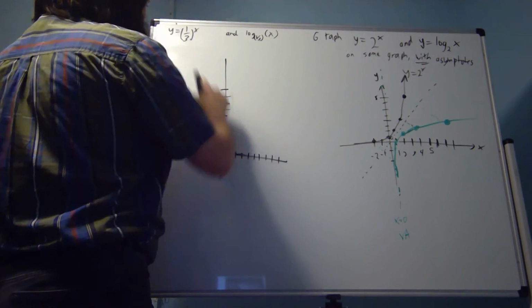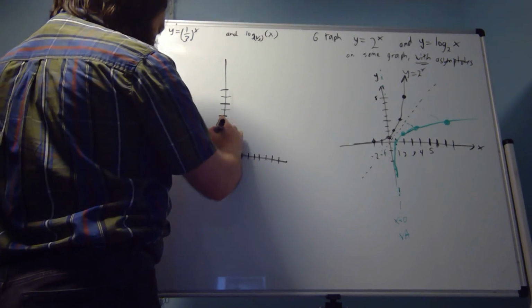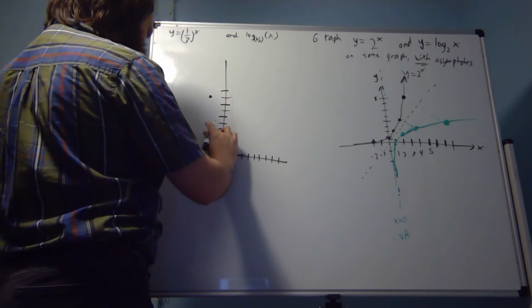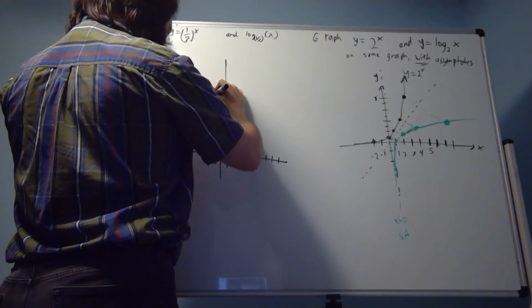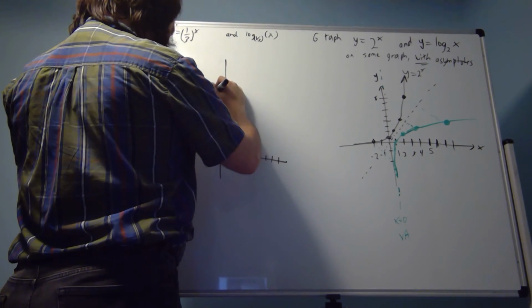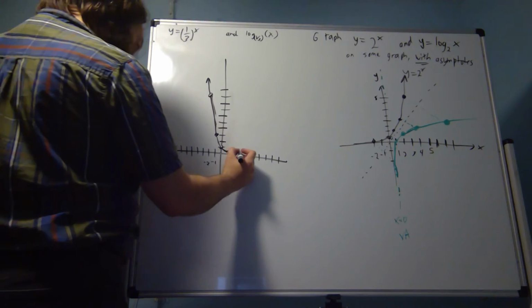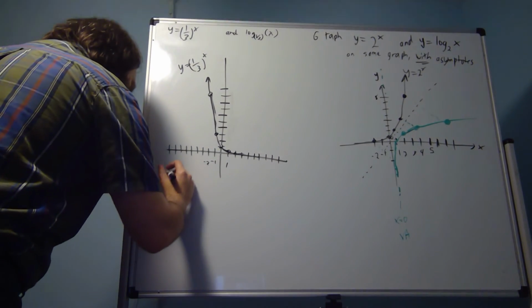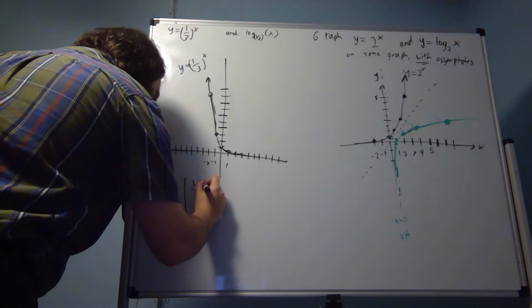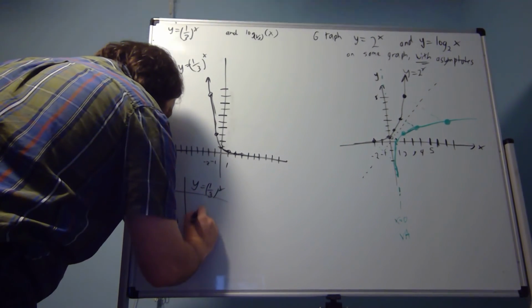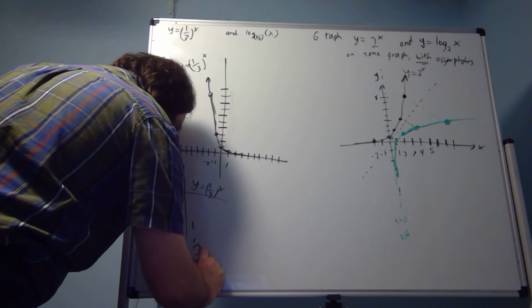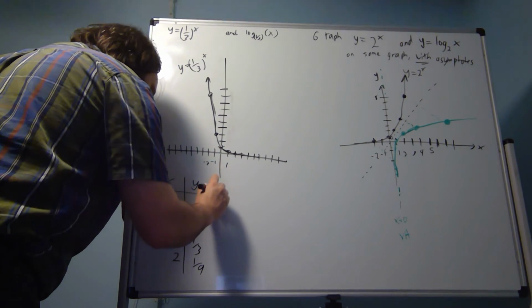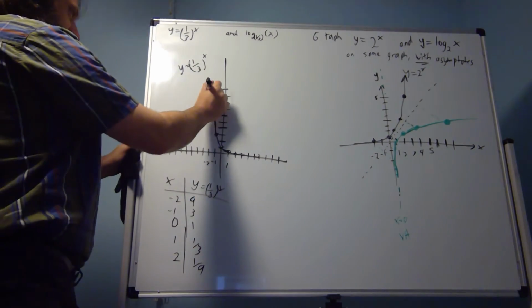So 1/3 to the -1st is 1, 2, 3. 1/3 to the -2 is 1, 2, 3, 4, 5, 6, 7, 8, 9. 1/3 to the -2 is, you take the reciprocal and square it, you get big old 9 here.